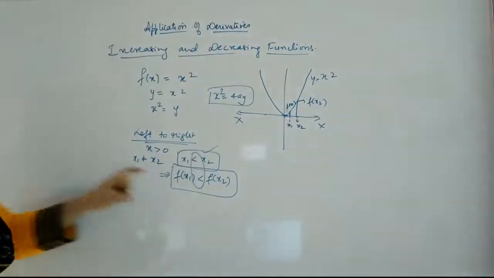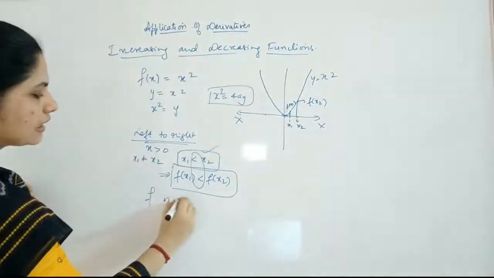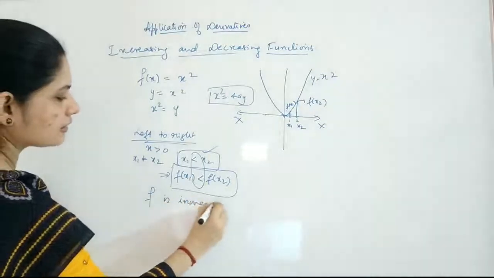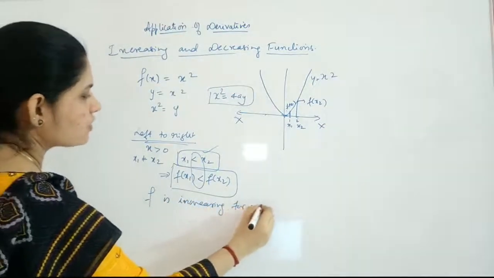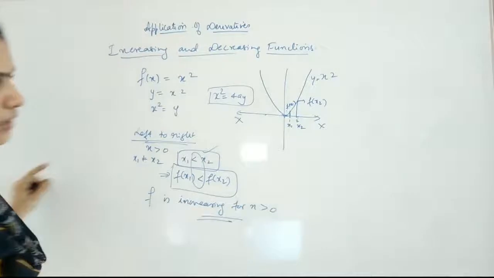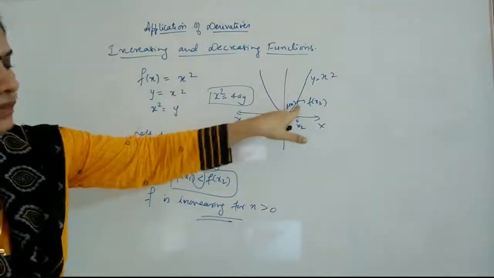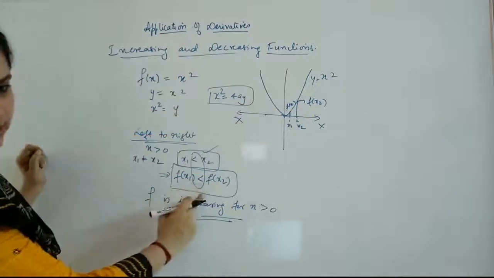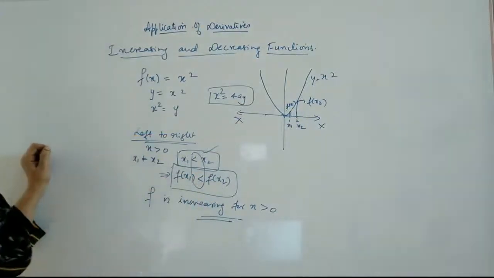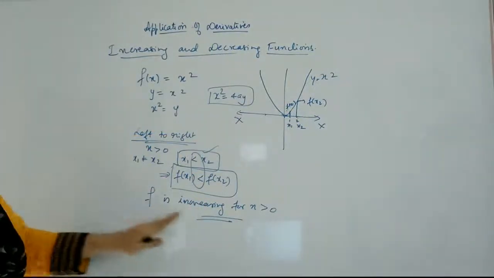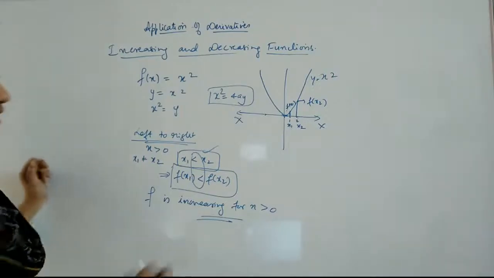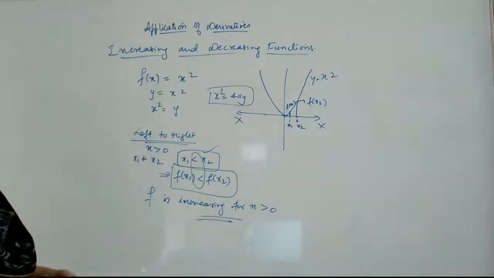At that time, we will say that the function is increasing for those values just greater than 0. So any value you take like this, if your x1 is less than x2, you will get f of x1 also less than f of x2. So you can say that the function is an increasing function when your x is greater than 0.